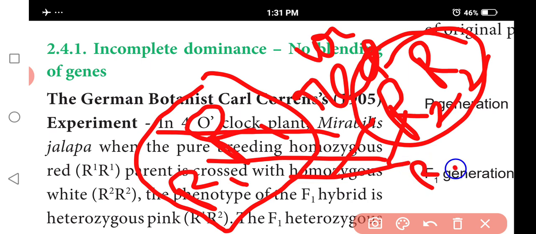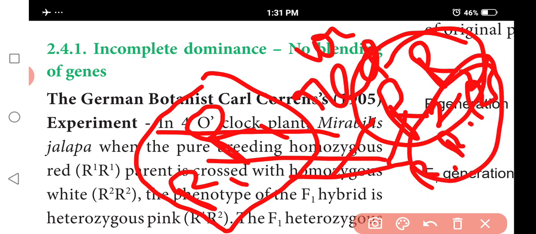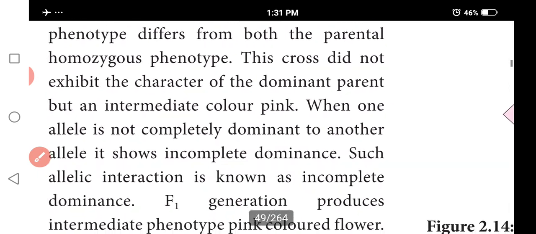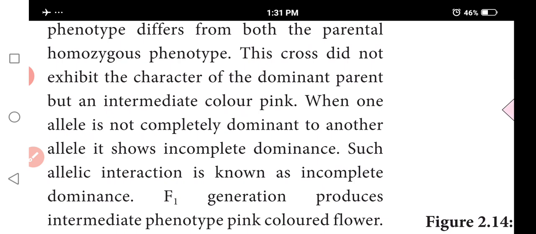So what will happen with R1 and R2? At the time of gamete formation, meiosis takes place. R1 and R2 interact, and a pink color is produced. One parent is homozygous dominant and the other is homozygous recessive. At gamete formation, each parent gives its gametes, and the intermediate form, pink color, is formed.